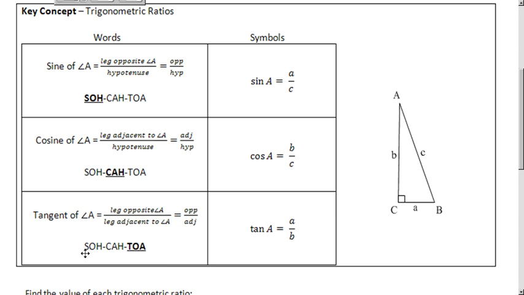S representing sine, O representing opposite, H representing hypotenuse, CAH, C representing cosine, A is adjacent, H is hypotenuse, and then TOA, tangent, opposite over adjacent. So it's just a little acronym there to help you out.